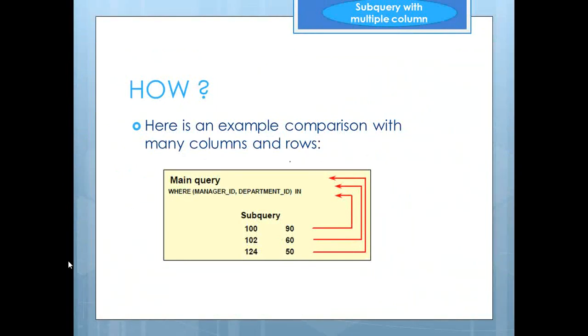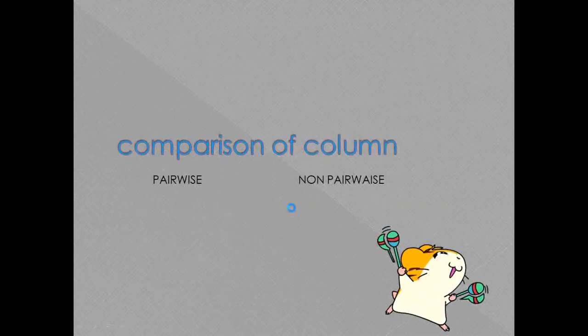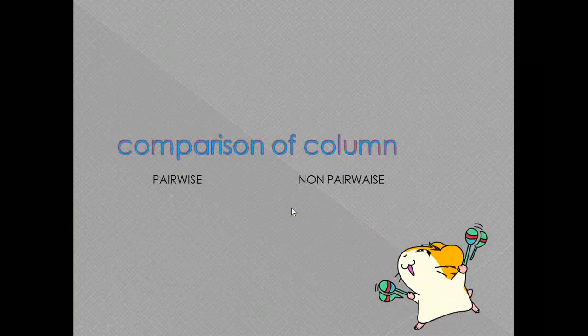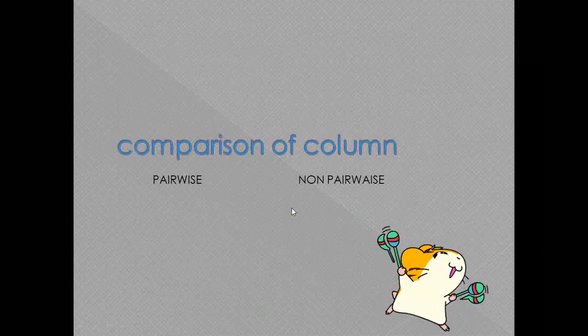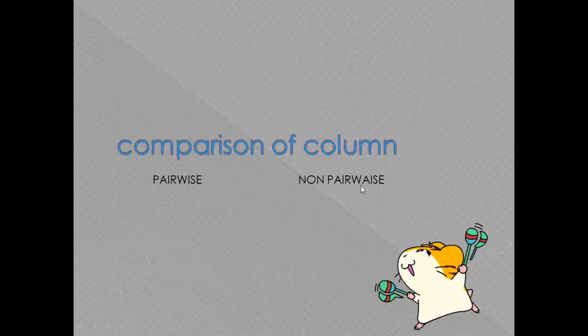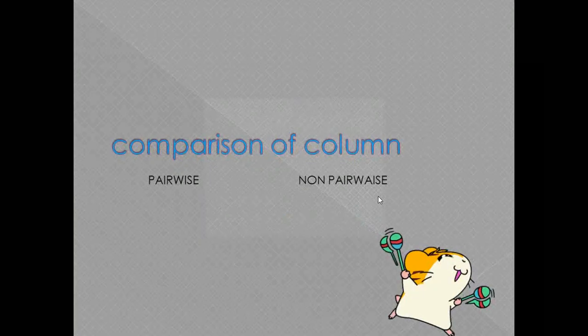This is the subquery, whose result is many columns and rows, and here is the main query. Comparison of columns. In the comparison of columns, we have pairwise and non-pairwise. What is it and how? We will discuss it.